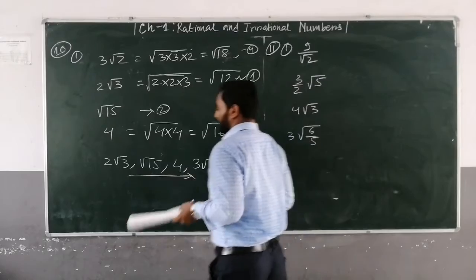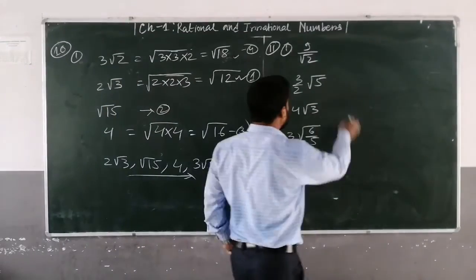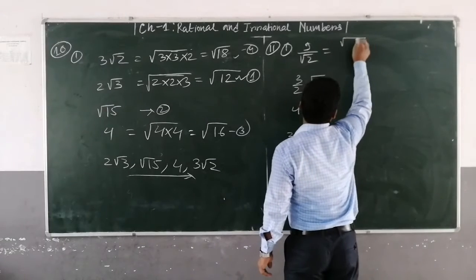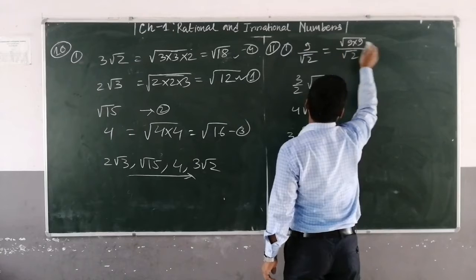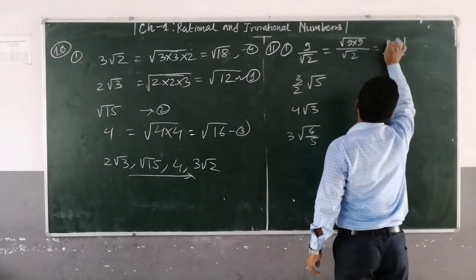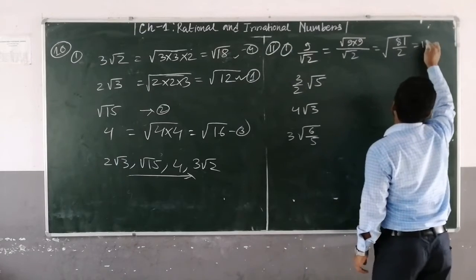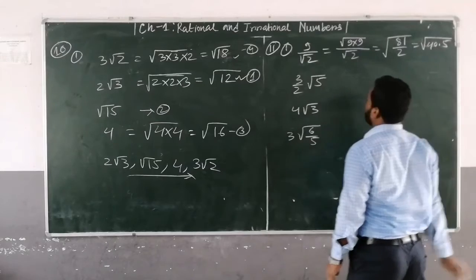So bring all the whole parts inside the root. This is √(9×9) upon √2, so 9 will come inside, so this can be written as √(81/2), so this will be √40.5.